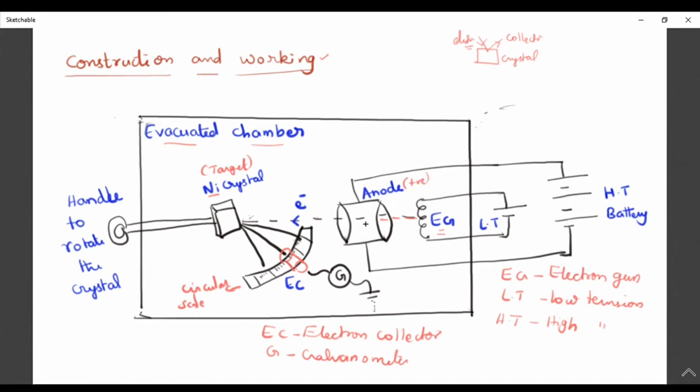Why is this anode used? The anode cylinder will direct the electrons. It will accelerate as well as focus the electrons towards the nickel crystal. The main function of the anode is to direct the electrons towards the nickel crystal by accelerating as well as focusing, so it is connected to the high tension battery.